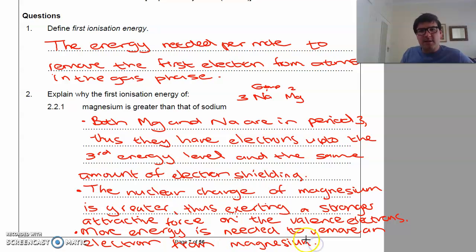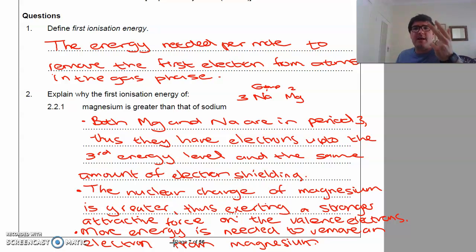Okay, so guys, you will see that I've written down this answer very completely. And this is what we expect from you in a test or exam, that your answers will be written down as completely as these ones are here. So you have to identify what is the same. They're in the same period. What does it mean if they're in the same period? They've got electrons up to the same energy level. What does it mean more? It means that they've got the same amount of electron shielding.